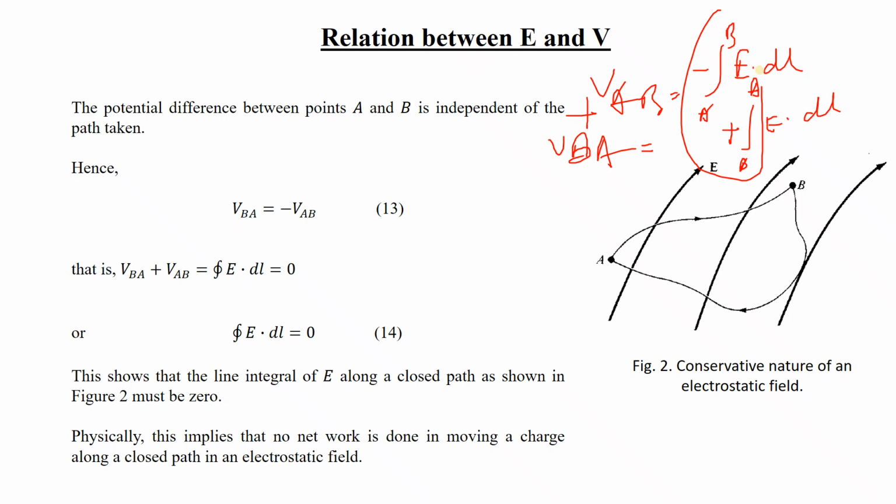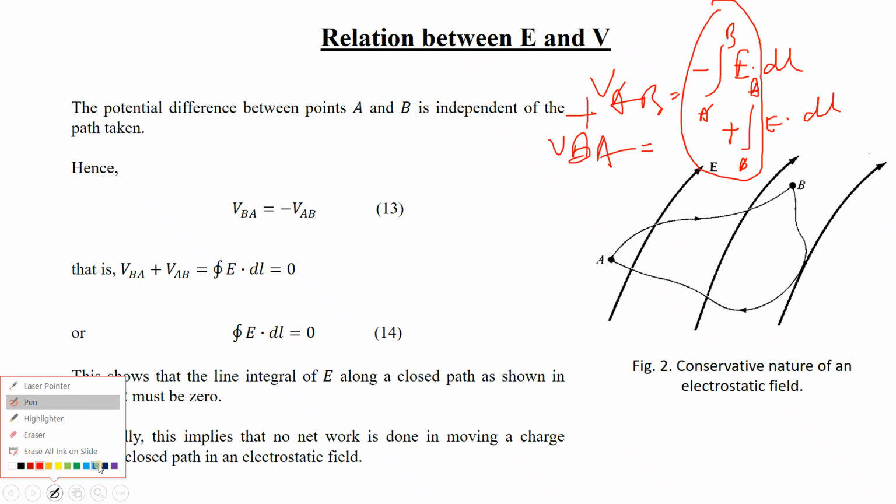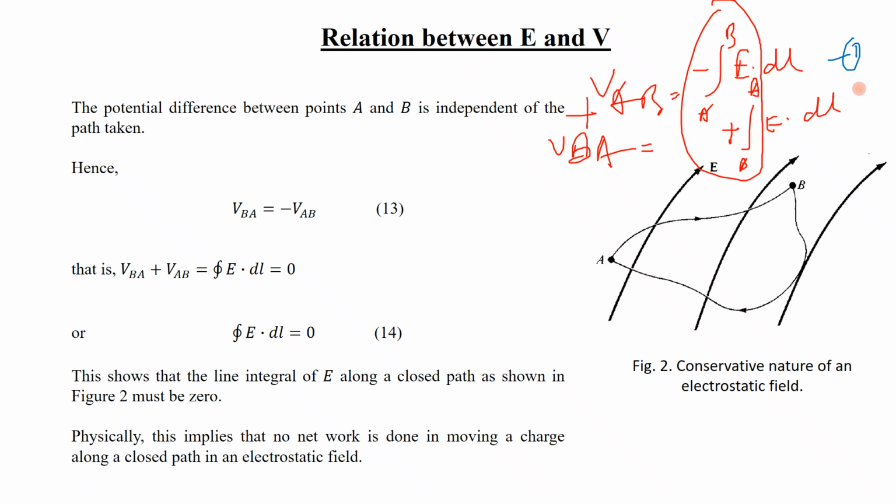Now if you add these two equations, equations 1 and 2, in the LHS we get 0, VAB plus VBA is 0. In the RHS, we get the integral from A to B of E dot dl plus the integral from B to A of E dot dl.